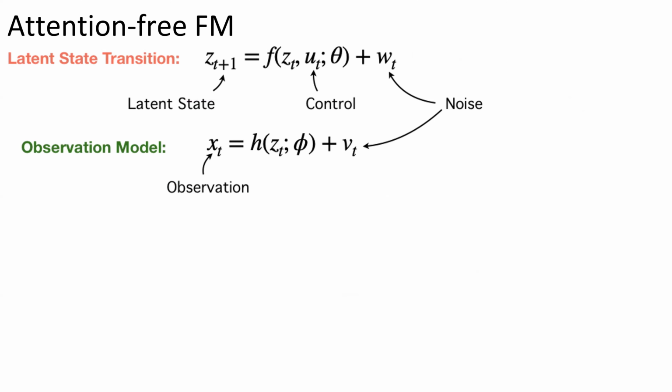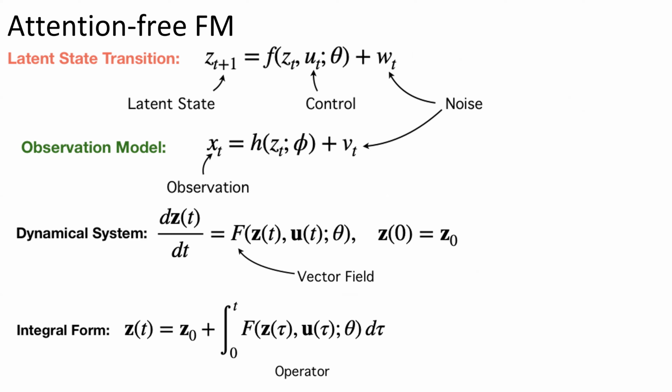Those two, through some function f parameterized by theta, get mapped to z sub t plus 1. And now, if you have a decoder, let's say parameterized by h, that takes the latent representations and brings them back to your observations, your loss calculation will be in the x sub t space.